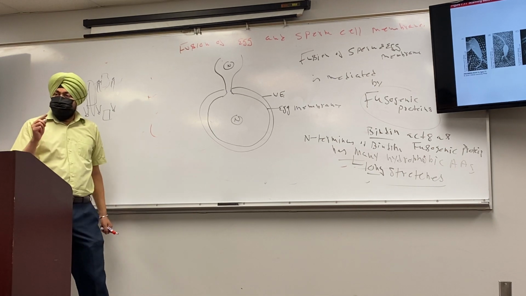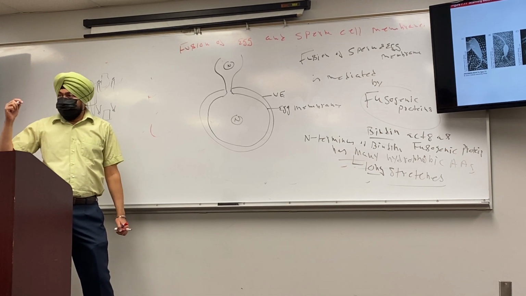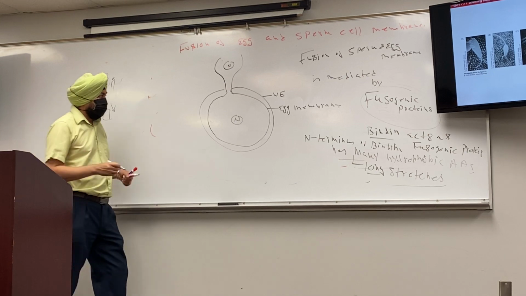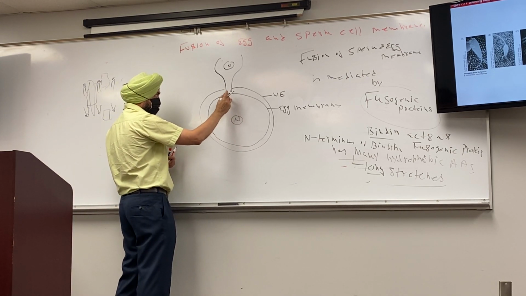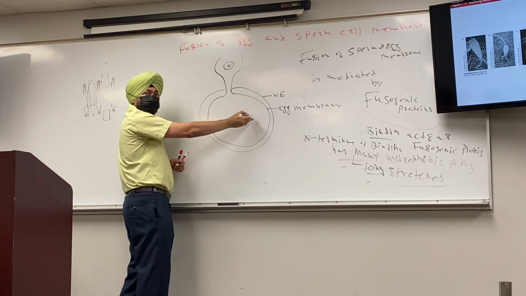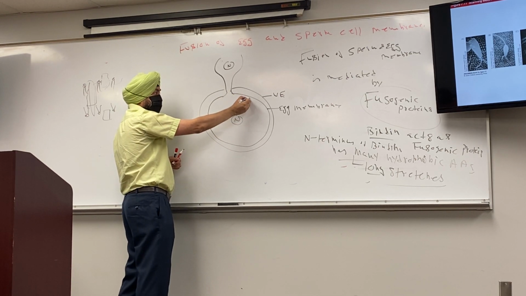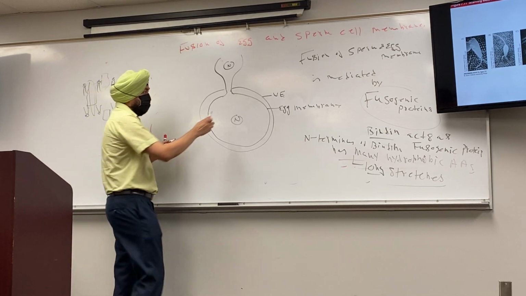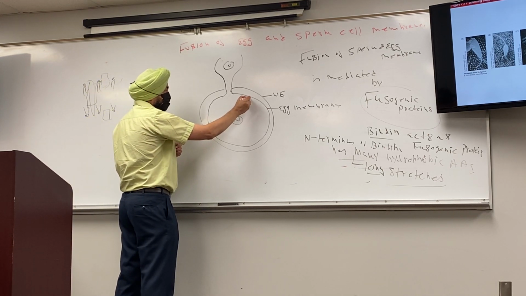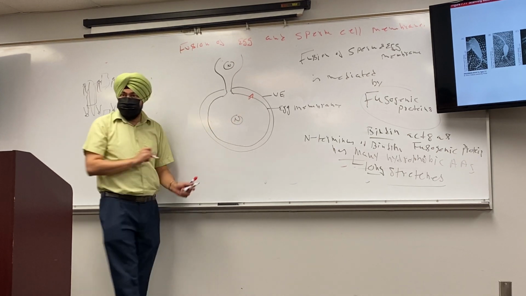Now, remember when we were doing the structure of the egg, we said that right here, beneath and throughout the egg, there is actin, G-actin. Remember when we were talking about the structure? And we said that it also polymerizes and gives you microvilli like this.